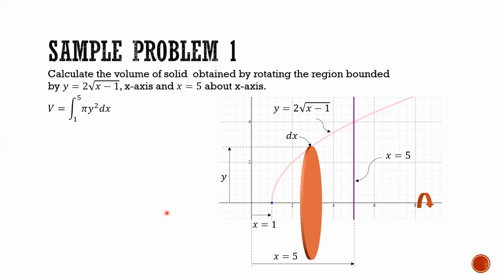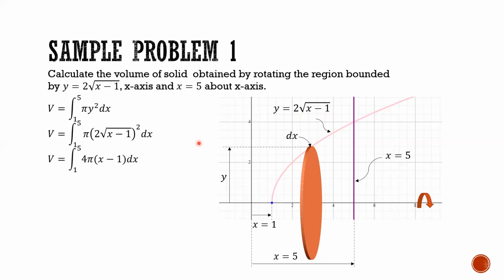Now, applying the integral from 1 to 5 of pi y squared dx. Of course, since we are integrating with respect to x, we must replace y in terms of x. As we all know, y is represented by this equation. Thus, we can replace that by 2 square root of x minus 1.